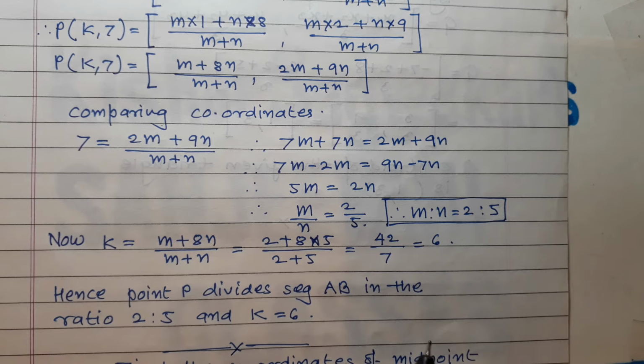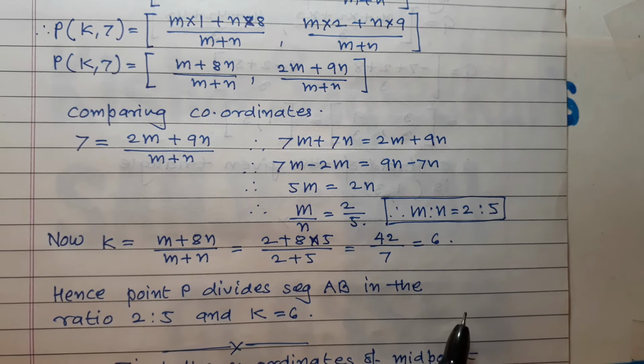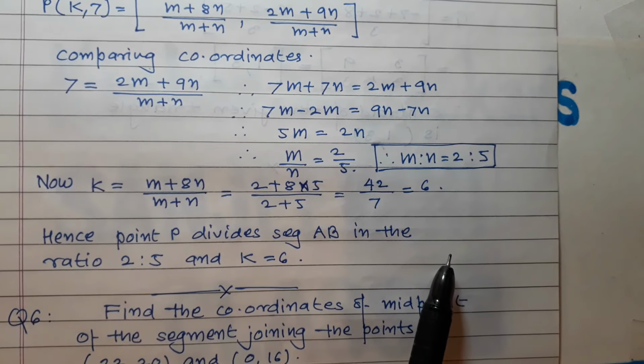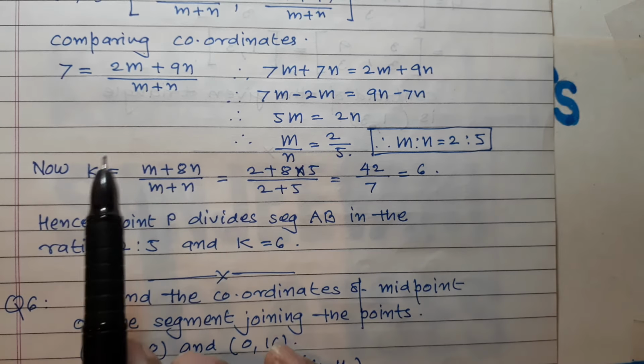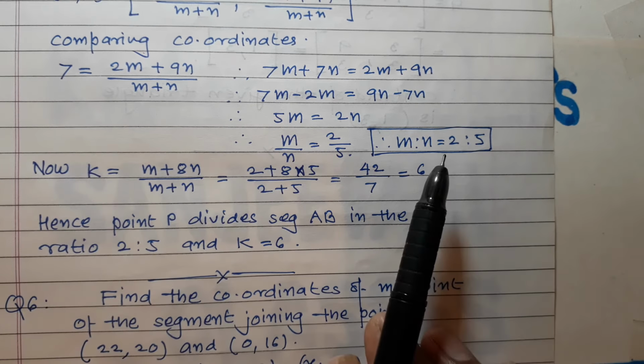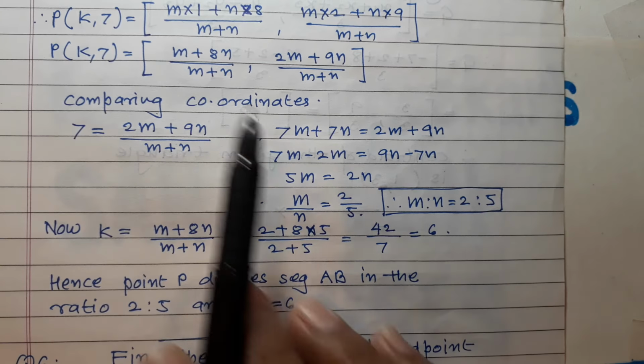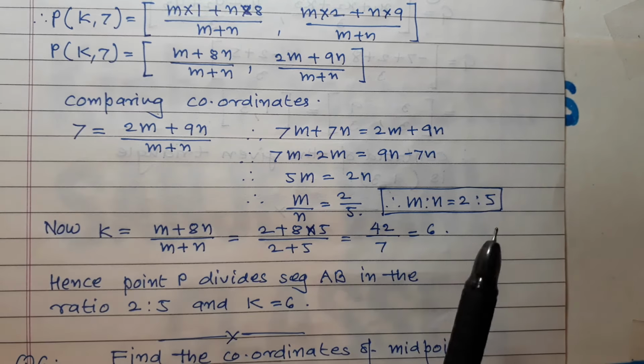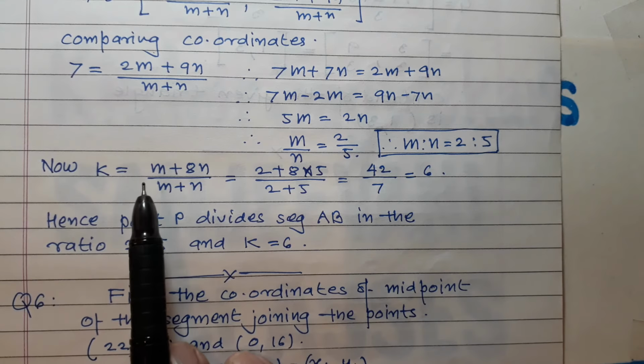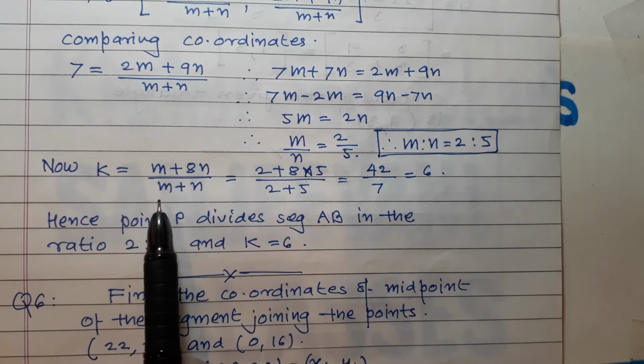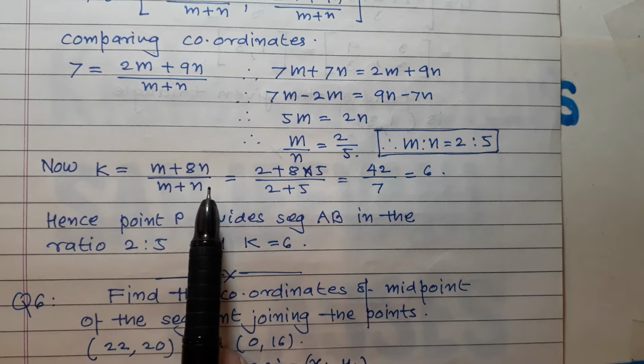Okay. Now then find the value of k. Now k is equal to, means this you compare with this, so k is equal to (m plus 8n) upon (m plus n).